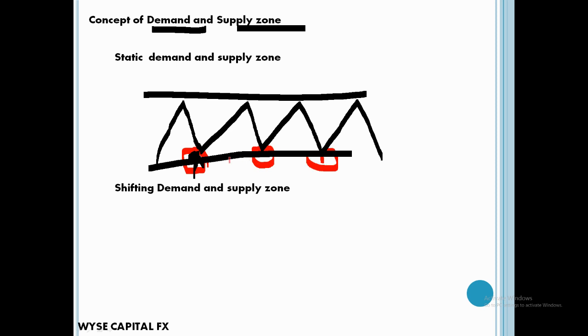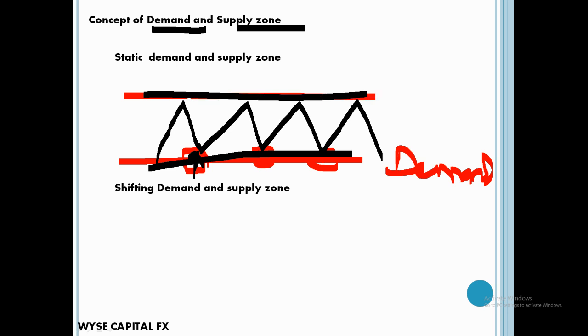So these areas where buyers are coming back into the market are areas which we call demand zones. While an area where sellers are coming back to the market, these are areas where we call supply zone. So this is a static demand and supply zone where the market is moving sideways and buyers are coming into the market at the support while sellers are coming into the market at the resistance.